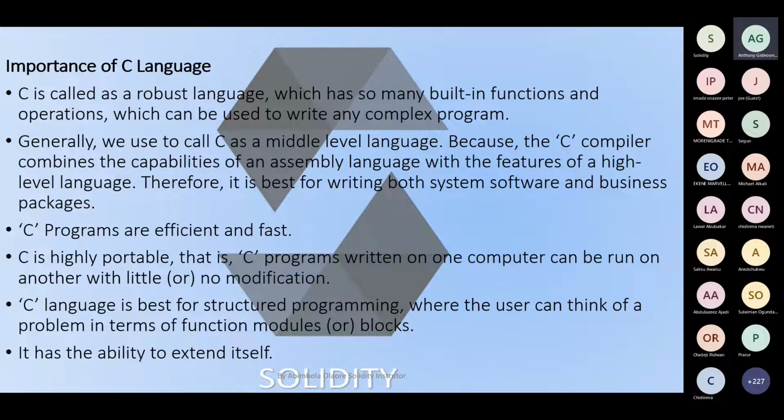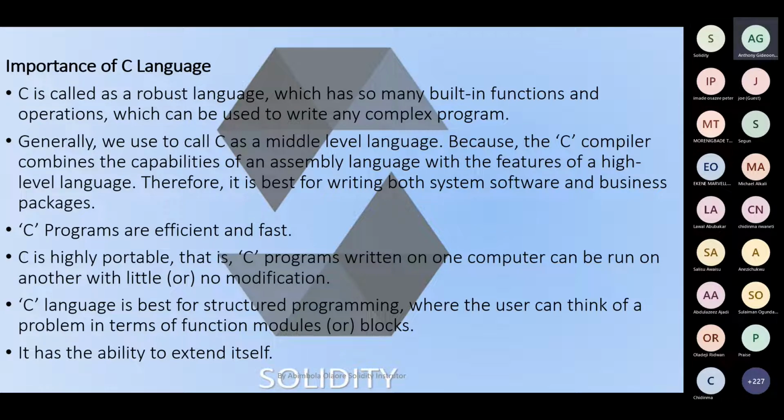Now, importance of C language. Number one, C is called a robust language, which has many built-in functions and operations, which can be used to write any complex program.